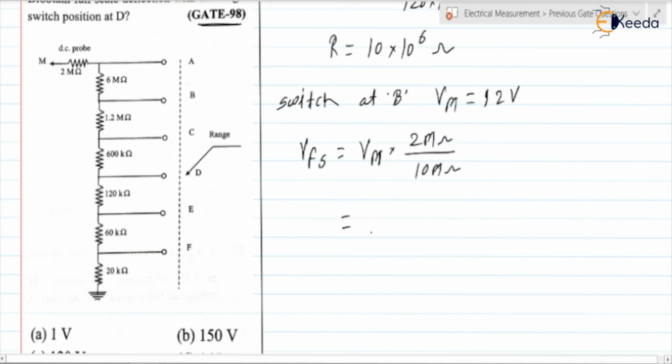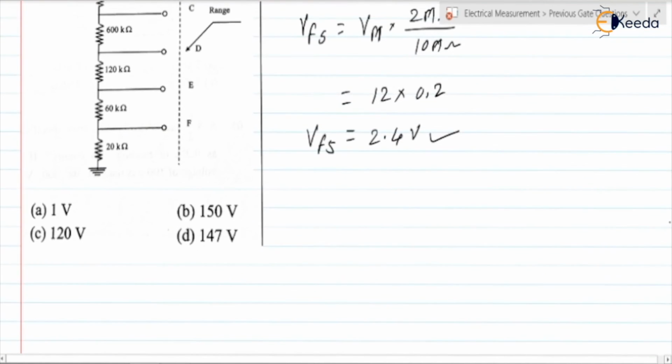So it is equal to 12 into 0.2, which is equal to 2.4 volt. This is the Vfs.